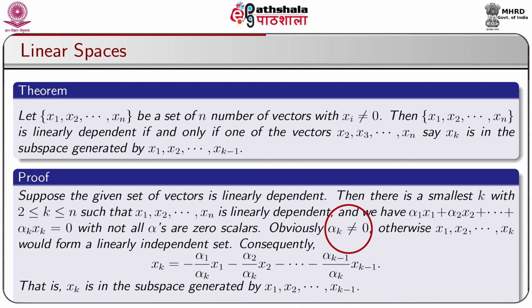Obviously, alpha k is not equal to 0, otherwise x1, x2, ..., xk minus 1 would form a linearly dependent set. Consequently, xk is equal to minus alpha 1 by alpha k into x1, minus alpha 2 by alpha k into x2, minus ..., minus alpha k minus 1 divided by alpha k into xk minus 1. That is, xk is in the subspace generated by x1, x2, ..., xk minus 1.